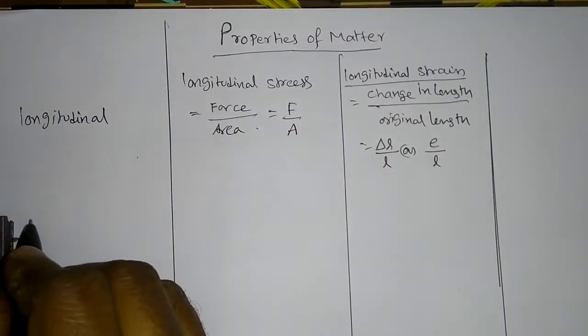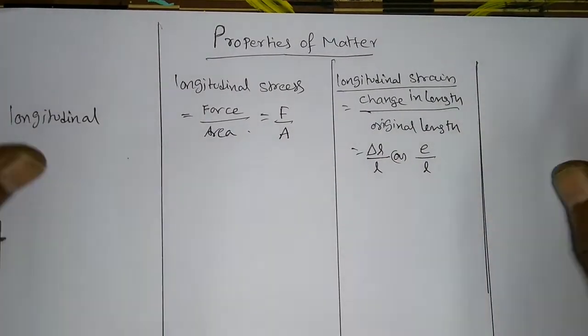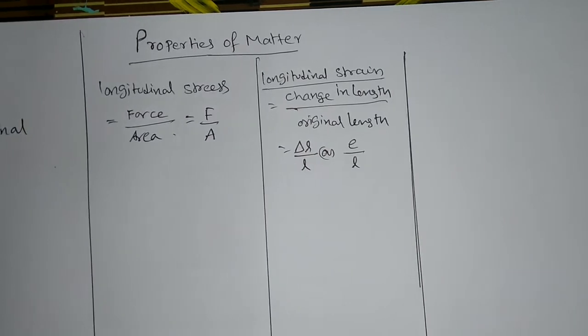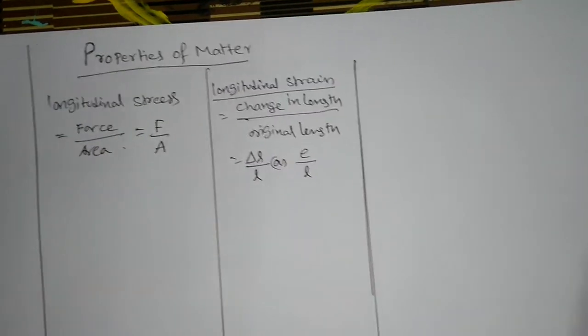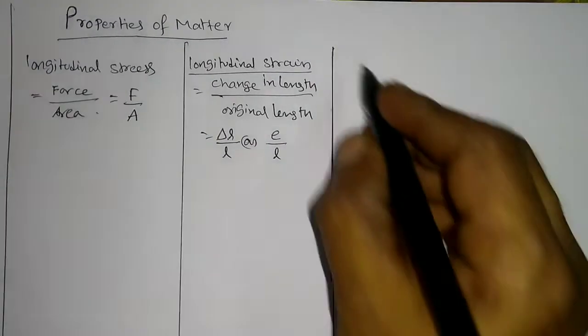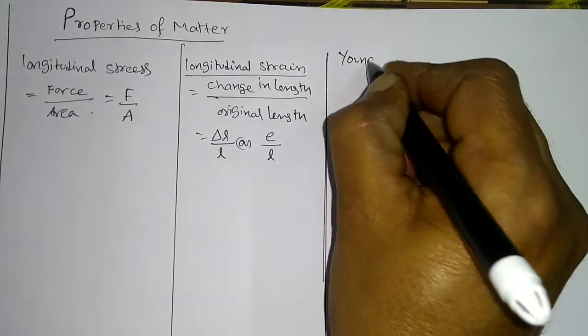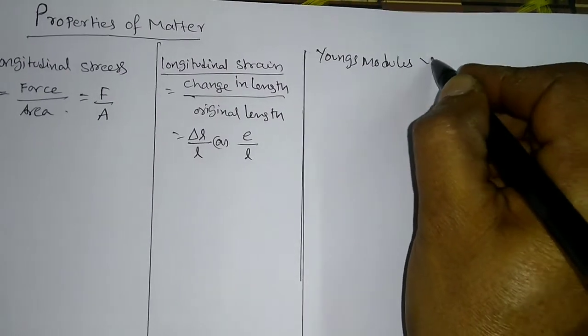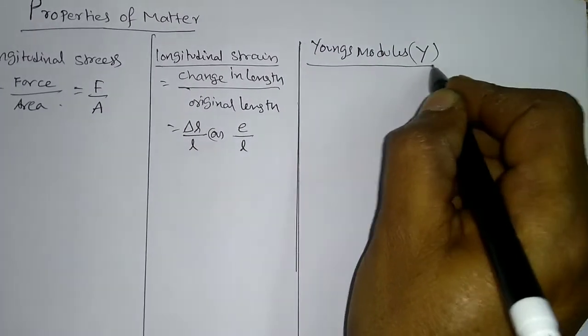How can you get the relation between longitudinal stress and longitudinal strain? That can be given by Young's modulus, represented by the symbol Y. How can you define Young's modulus?